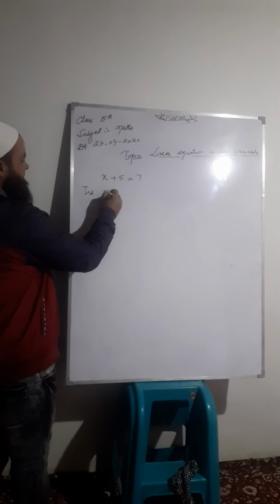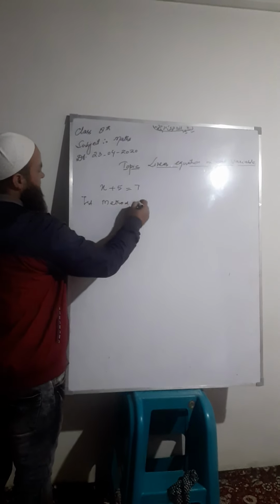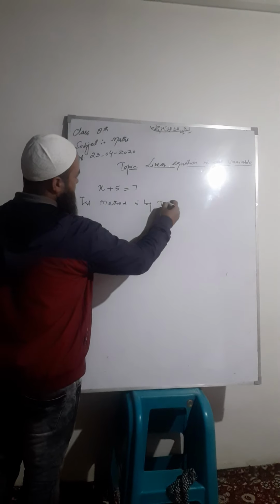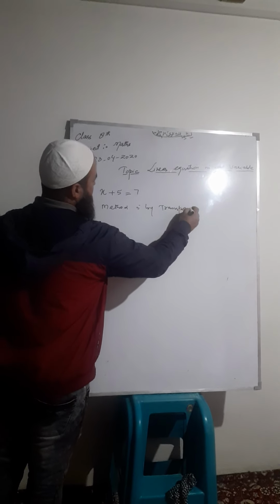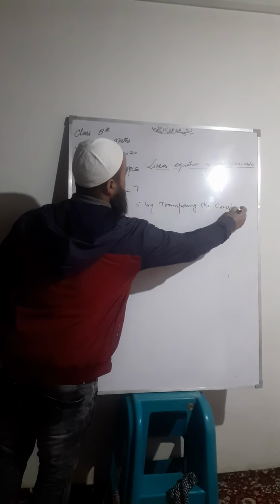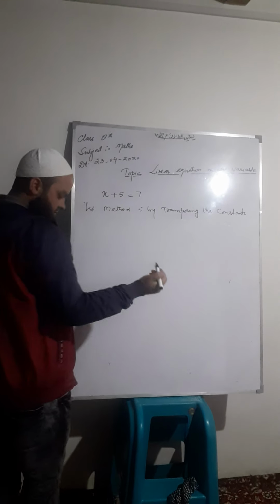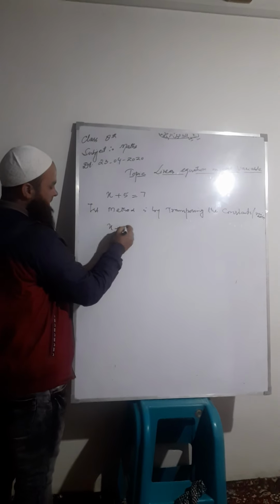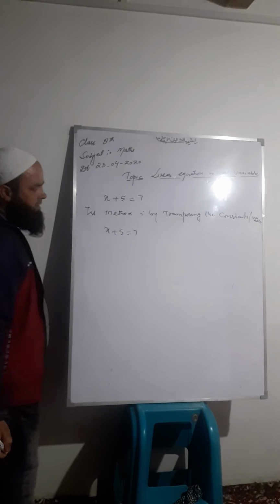First method is by transposing the constants or variables. Just see this equation, x plus 5 is equal to 7.